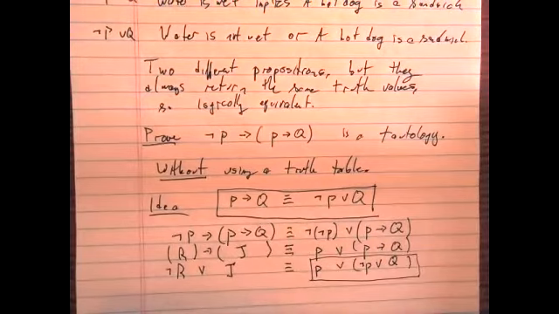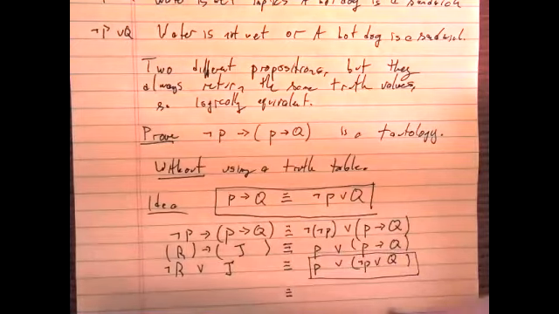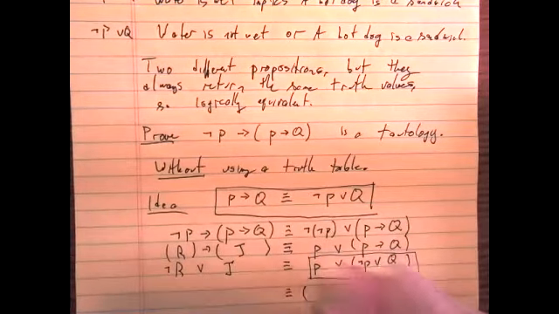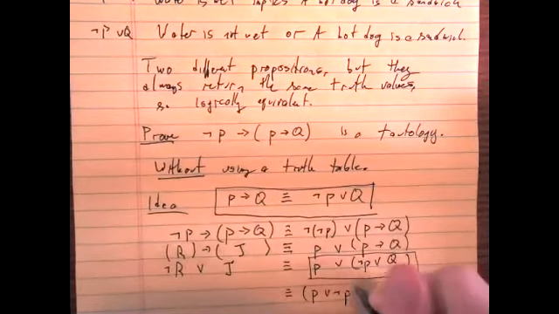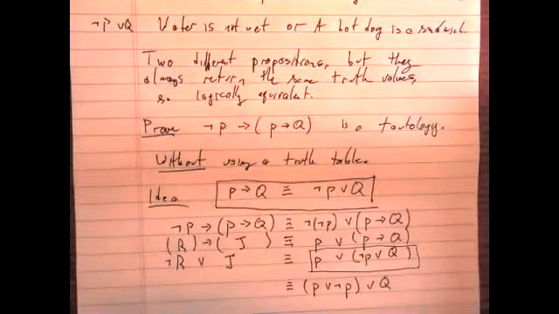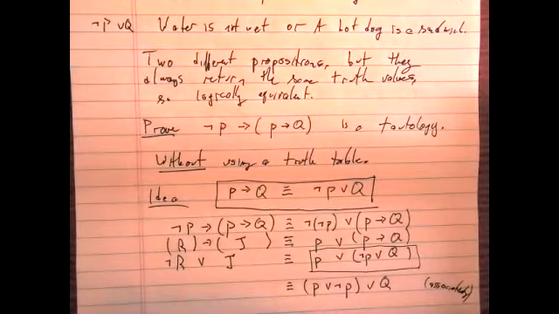Maybe I should complete this using things that you don't know yet, and then I'll go over them. This is logically equivalent to, I can swap the parentheses, so I can get P or not P or Q. This is by associativity.